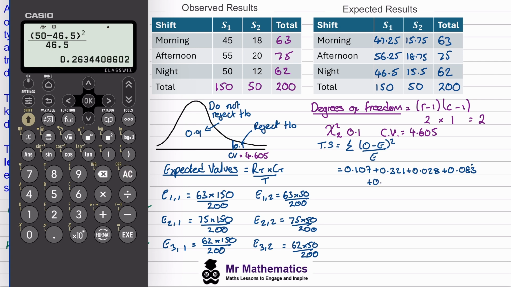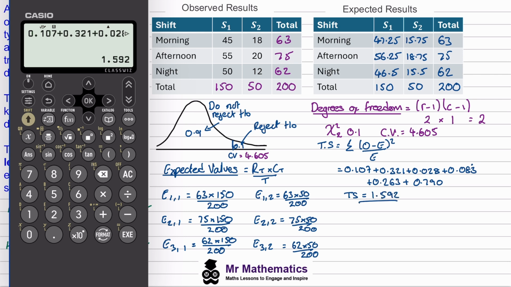And we get 0.263. And then we'll look at the 12 and the 15.5. And we get 0.790. So now we need to add up each of these. And we get a test statistic of 1.592.